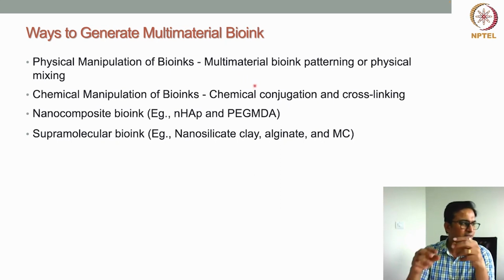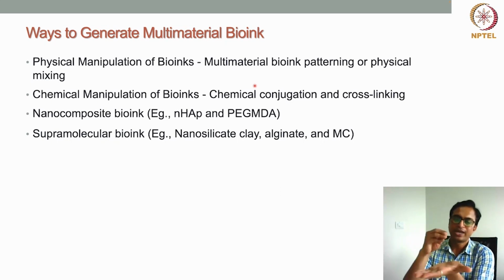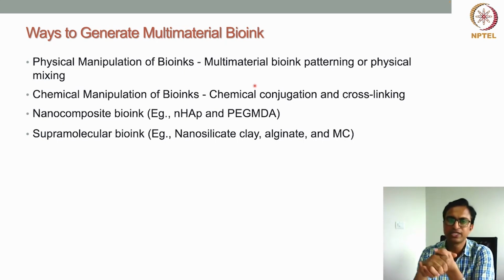Either the multimaterial bioink can be patterned. That means at certain locations one type of biomaterial is printed, and at another location another type of biomaterial is printed. In this way we can pattern the different bioinks at different locations, and we can have different types of properties, and by this way we can generate different biological functions. Right? Physical mixing, as I said, is also another way of doing that.